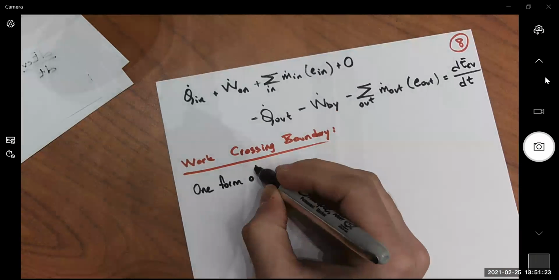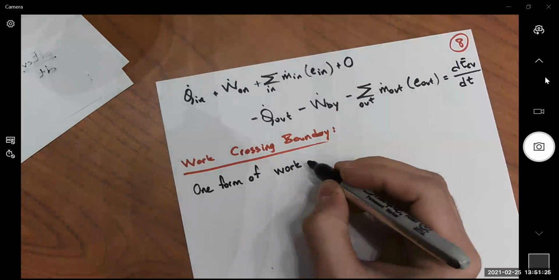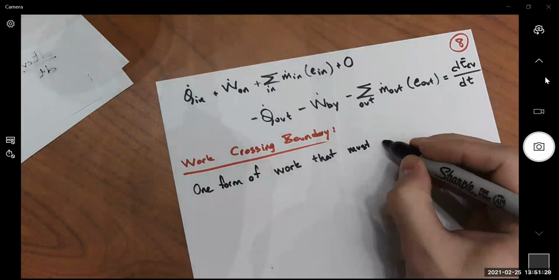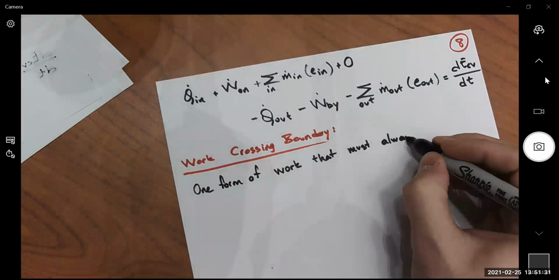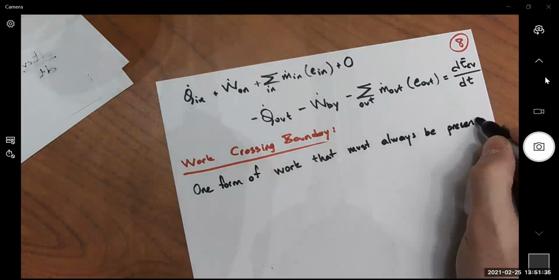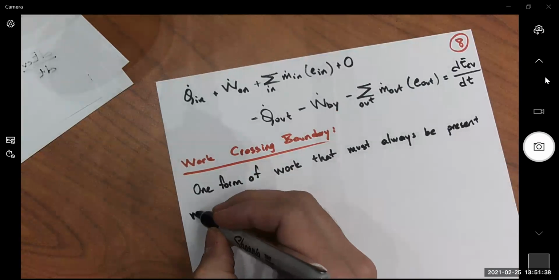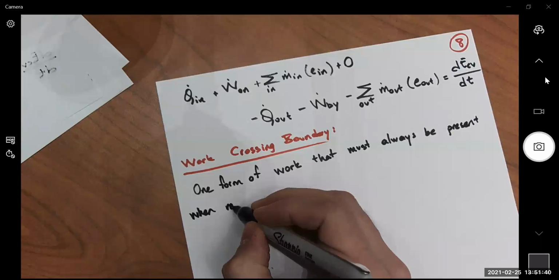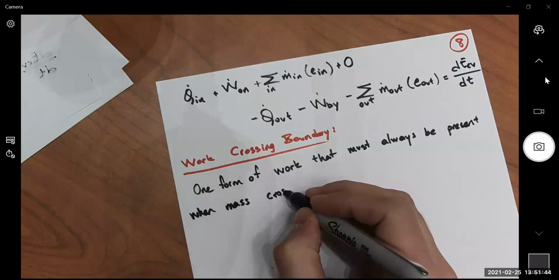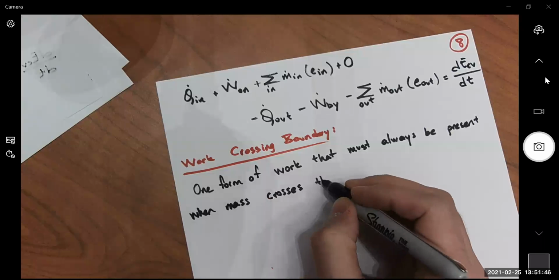One form of work that must always be present when mass crosses the boundary.